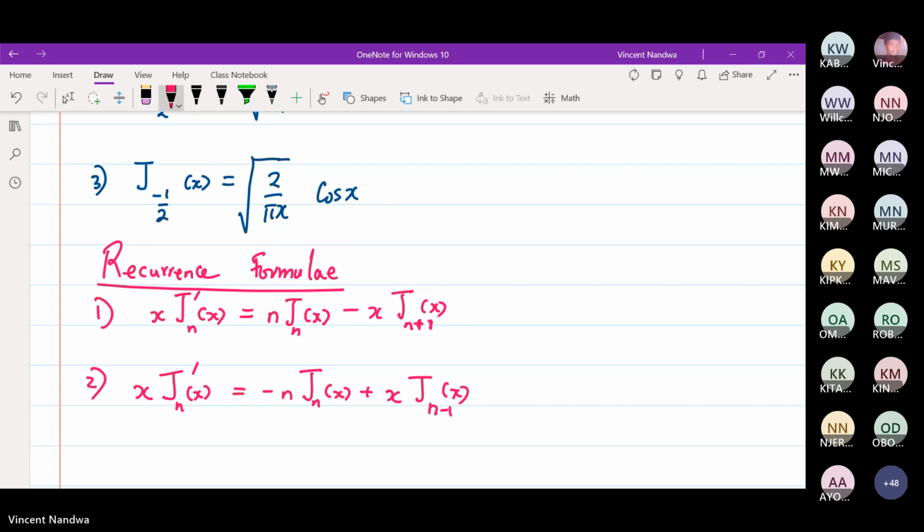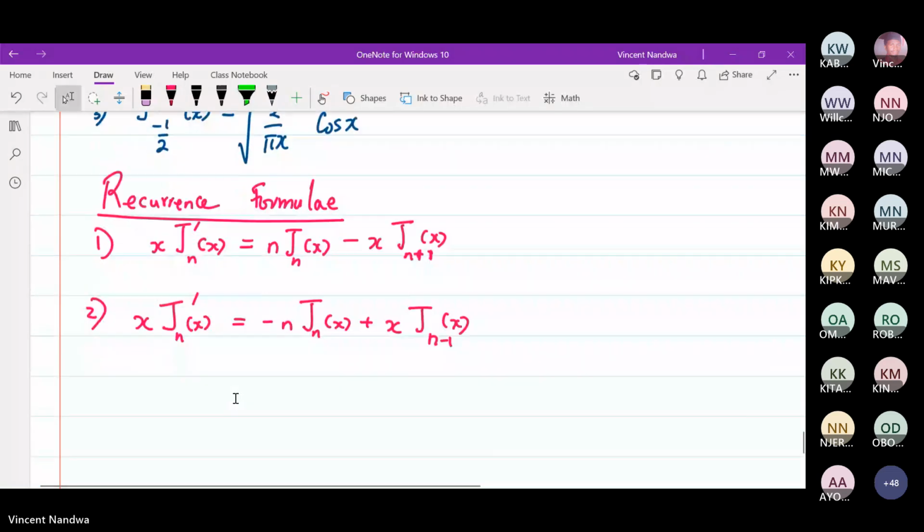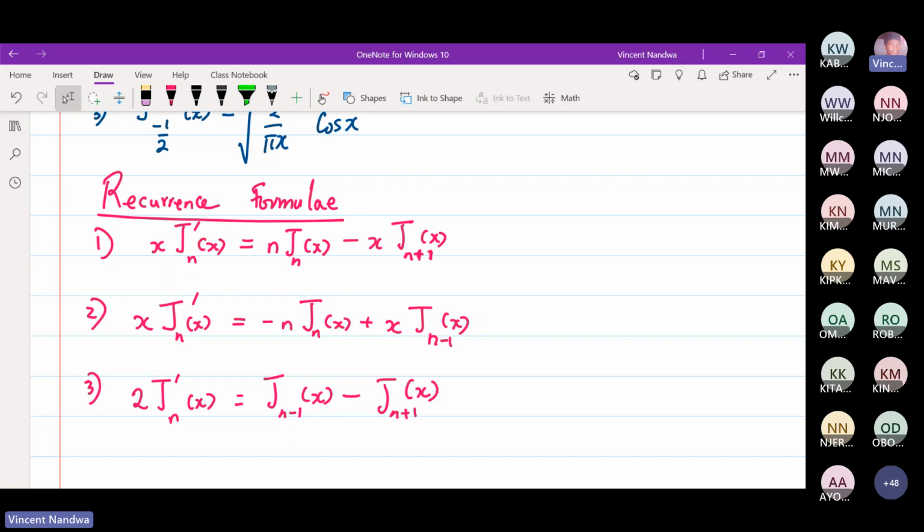And then number three, twice the derivative of Jn is the same as Jn minus 1 minus Jn plus 1 of x. And you can always get as many relations as you can.